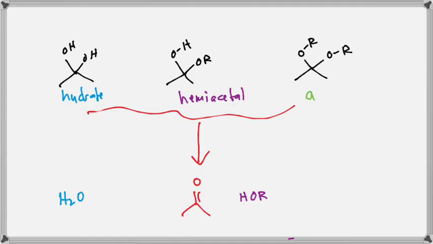And if I look at the final form, our full acetal, if I take the acetal all the way back to the carbonyl, I would get 2 alcohols. So what we're talking about is how those bonds get cleaved. Does that kind of make sense?